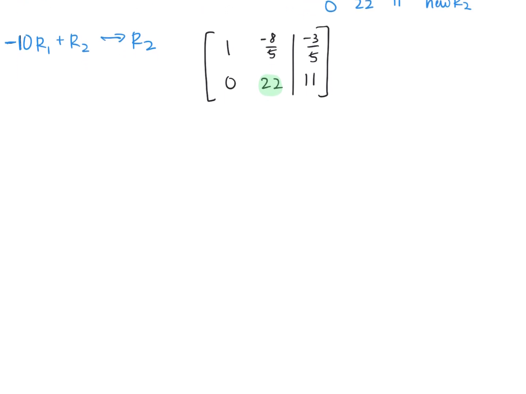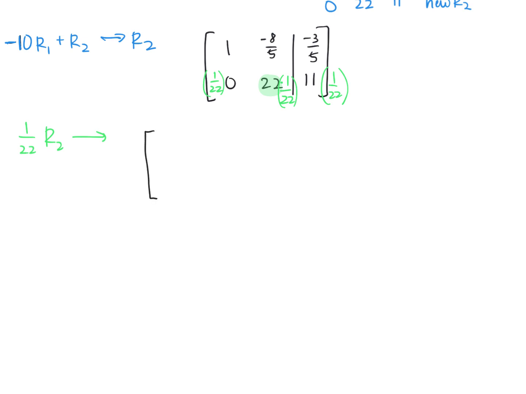So we want to do 1/22 times row 2: 0 times 1/22, 22 times 1/22, and 11 times 1/22. Let's see what we get.